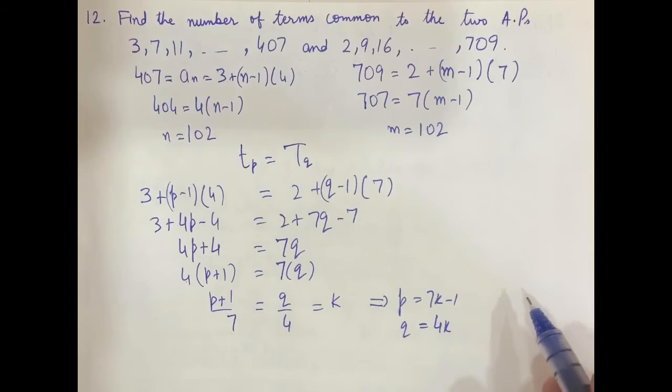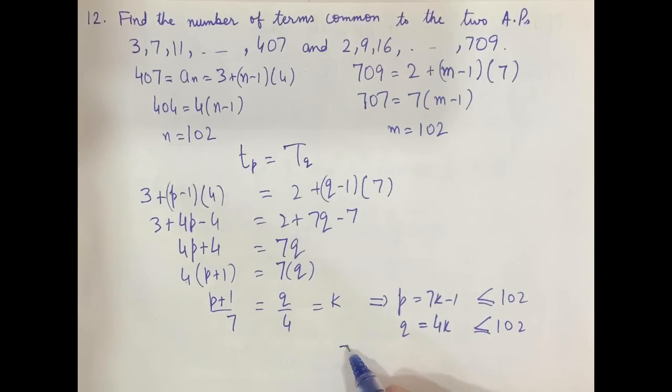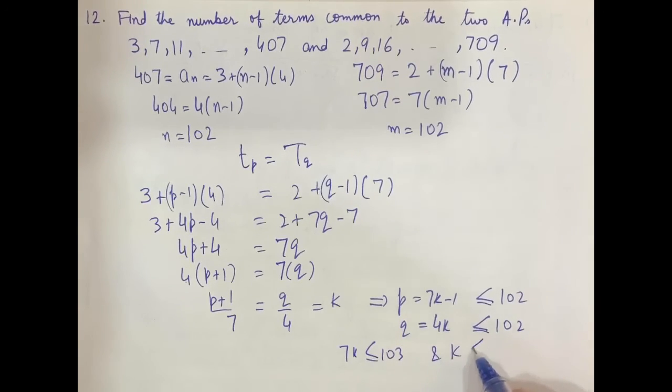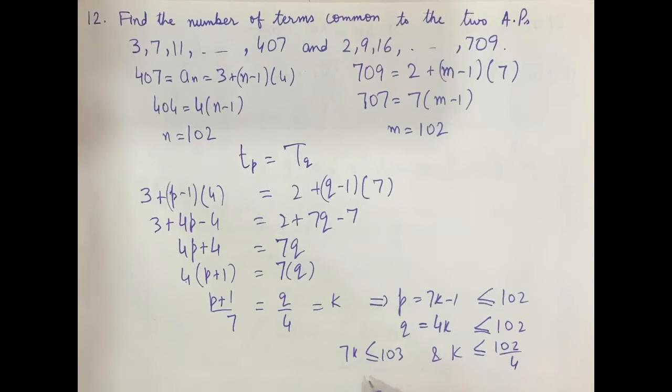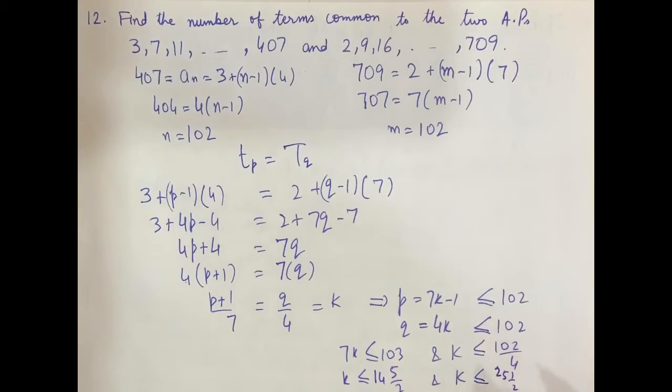Now p should be less than or equal to 102. Similarly, q is less than or equal to 102. So this gives us 7k less than or equal to 103 and k less than or equal to 102 upon 4. That is k less than or equal to 14 5 by 7, and k less than or equal to 25 and 1 by 2.